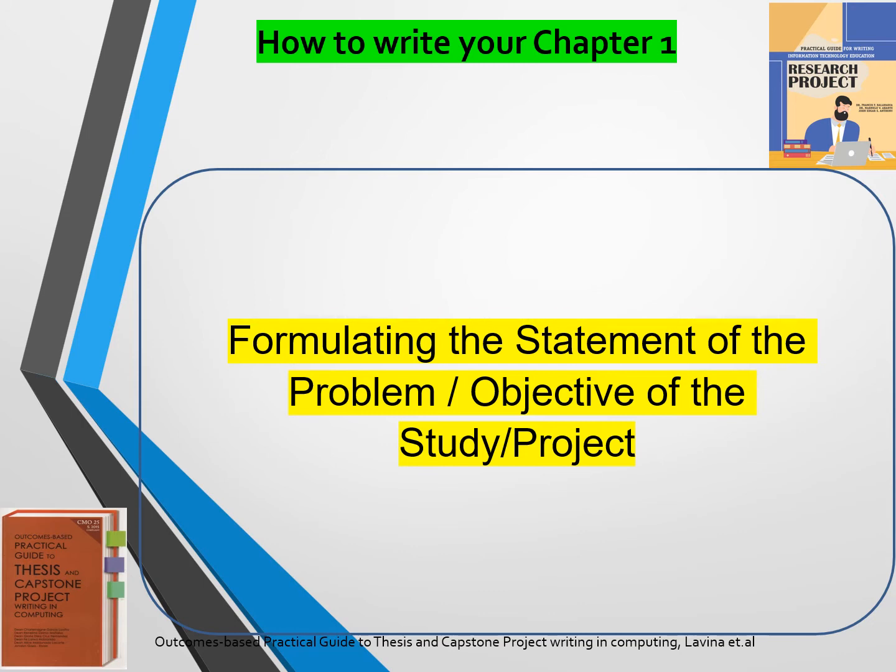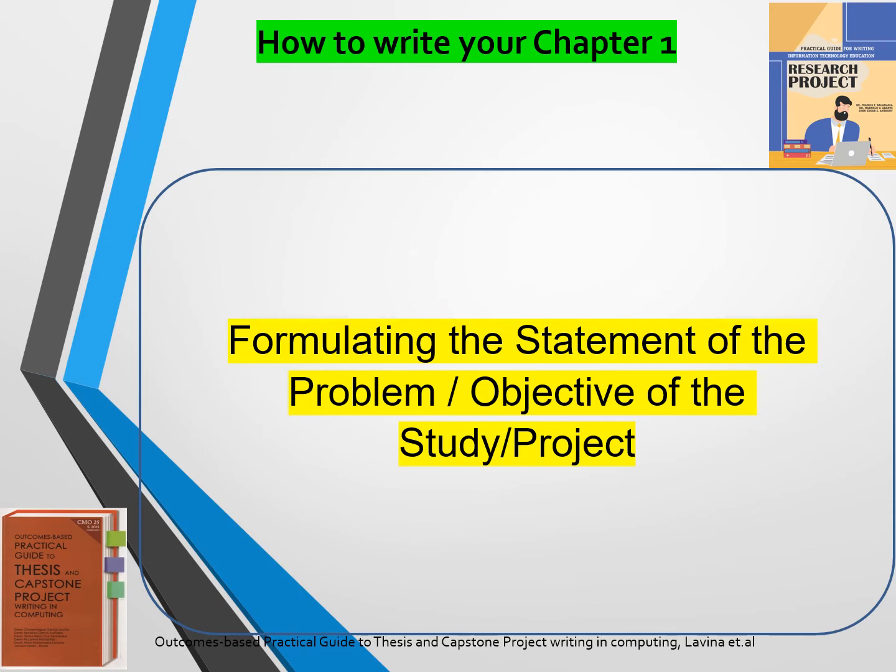Number 1, the general statement of the problem and the specific questions should be formulated first before developing the software programs. Number 2, each specific question must be clear and unambiguous. Number 3, answers to specific questions must contribute to the development of the whole research problem or capstone project.